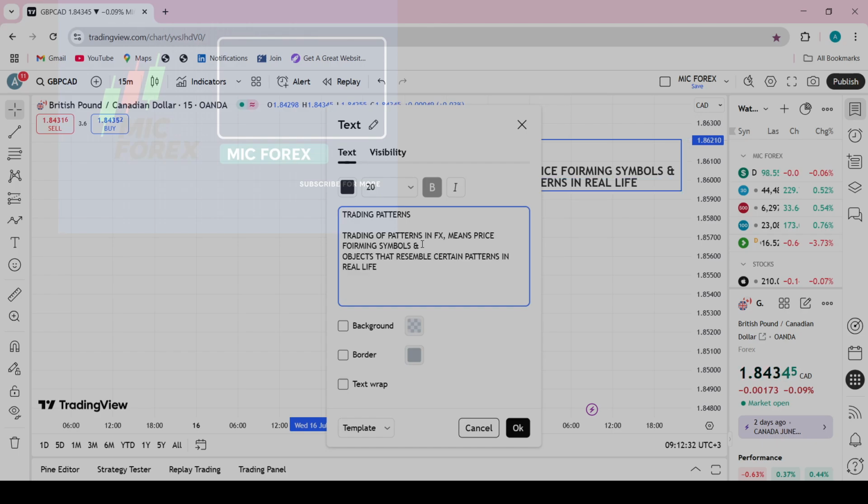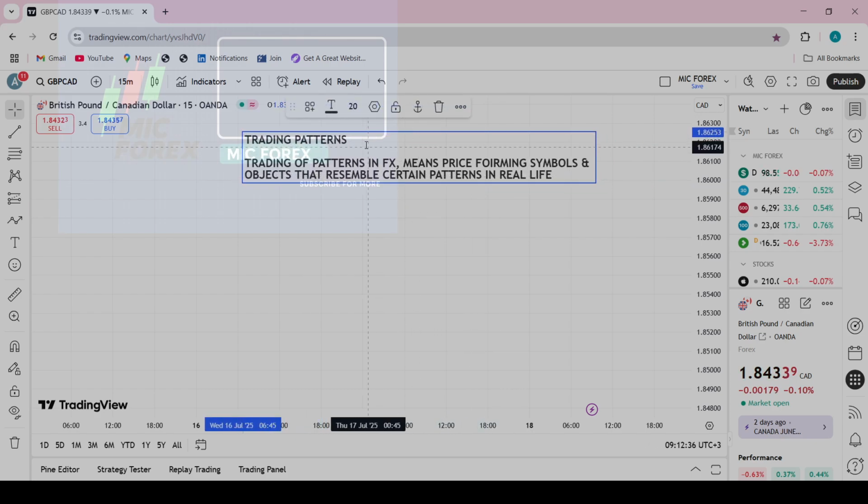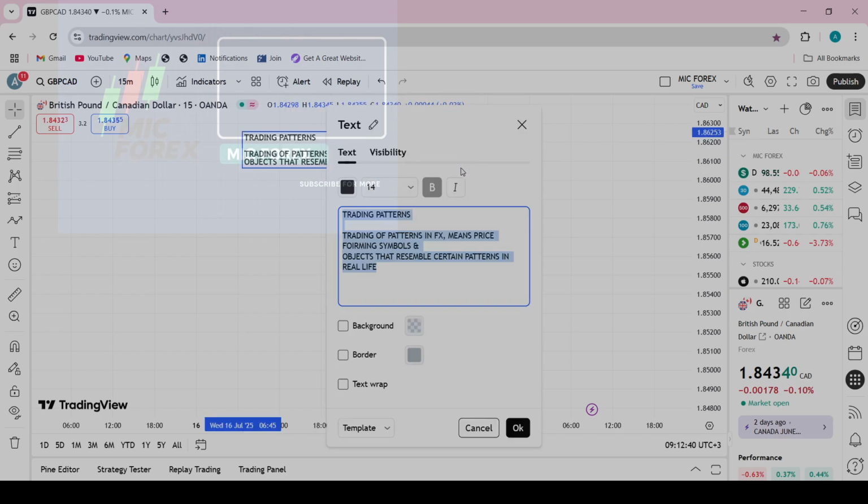I think this one is too huge, let me use 14. For you to be able to pick a trade, you liken.